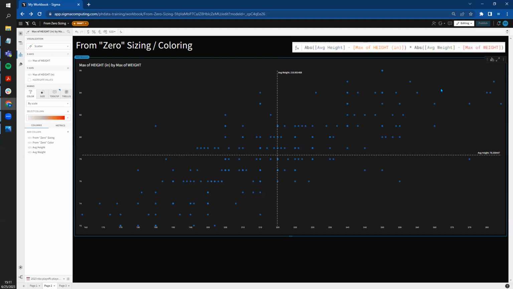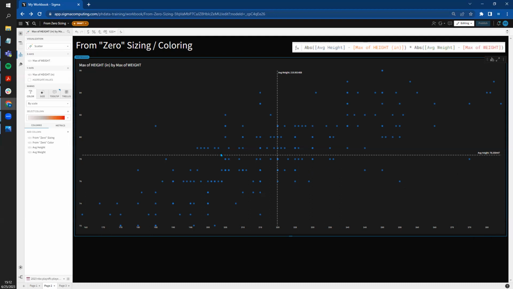What I really want to find, and what I do with a lot of fraud detection views where we're using scatter plots to look at populations, is those who are farthest away from the middle, farthest from the mean on all of the edges, not necessarily just the high edge or the low edge. So this is a calculation up here on the top. In the underlying data, I do have the average height and average weight at the row level for each one of these players.